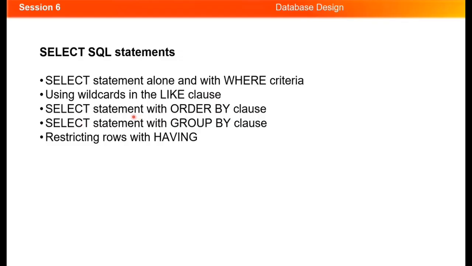The select statement with an order by clause, again, that gives us sorting. A select statement can also have a group by clause, which can roll up certain row results by a column value. And then we can also restrict rows by the command having. Let's take a look at a few examples.